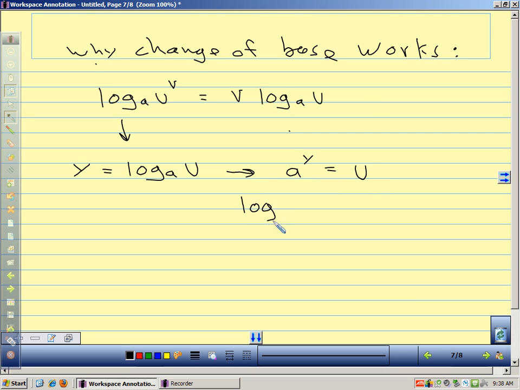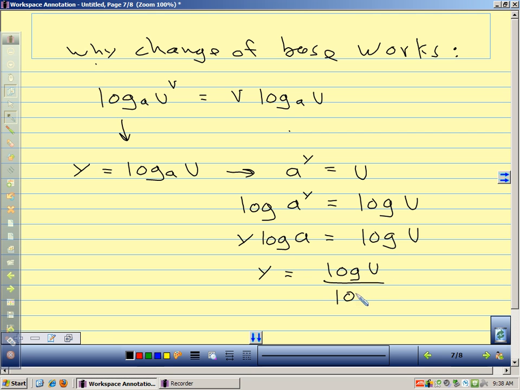The log of a to the y equals log of u. Properties of logarithms tell us that y log a equals log u, or y equals log u over log a.